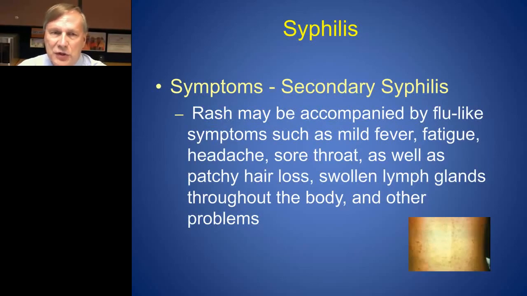In secondary syphilis, you might also see that rash accompanied by flu-like symptoms, such as mild fever, fatigue, headache, sore throat, as well as patchy hair loss, swollen lymph glands throughout the body, and other problems. If you remember, quite a few years ago, we used to call syphilis the great mimicker. It can mimic a lot of different infectious diseases.